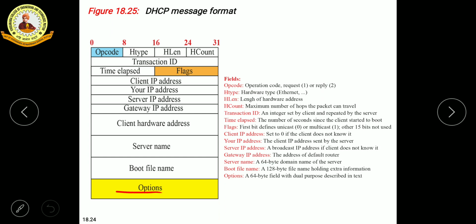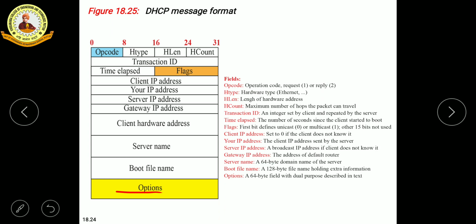This 64 byte option field has a dual purpose. It can carry either additional information or more specific vendor information. The server uses a number called a magic cookie in the format of an IP address with a value 99.130.83.99.